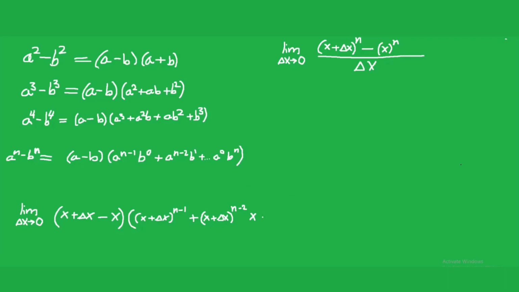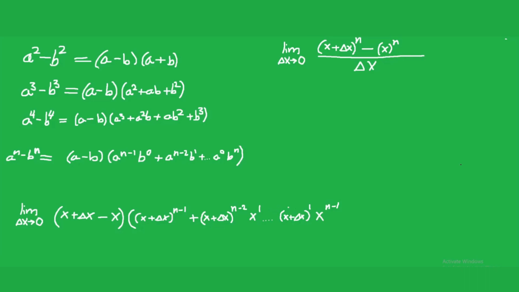Now what we have, I'm going to put dot, dot, dot here, just to show that we're skipping to the end. And we're going to have x plus delta x to the, I guess to the 1, really. And then we'll have, I'll explain that in a minute, x to the n minus 1.